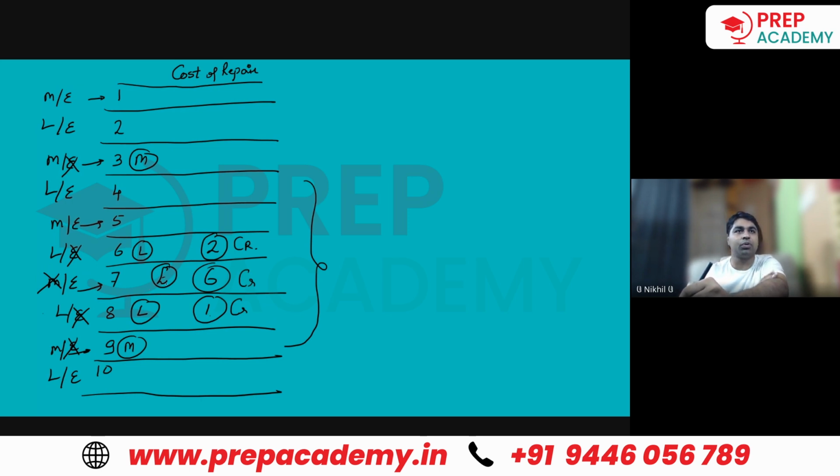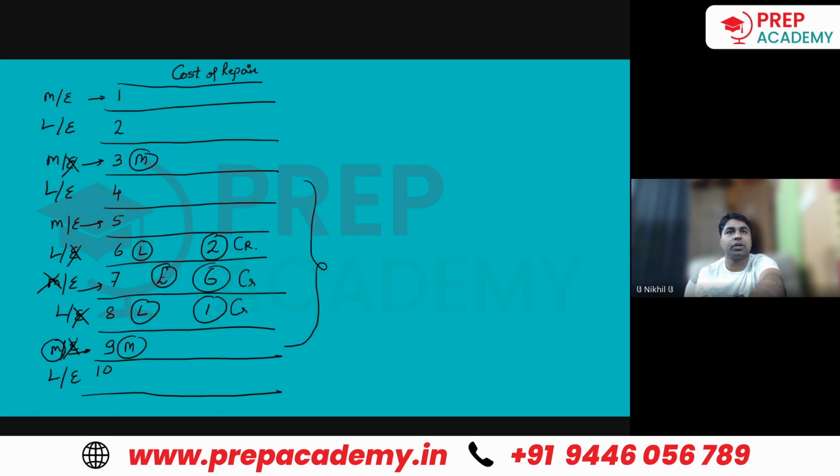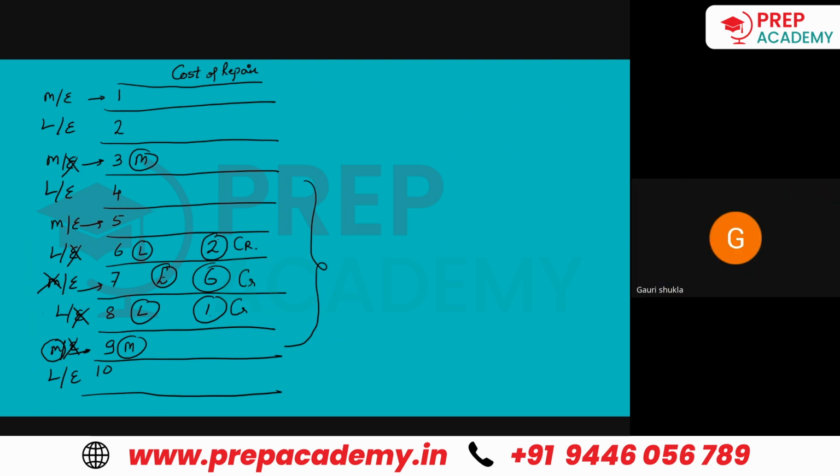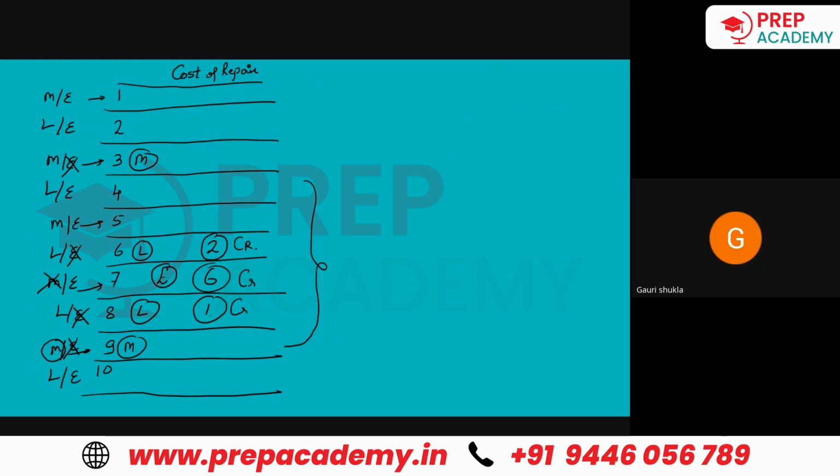We will get one more 5 crore. And this has to be a medium one, moderate one. So what is the moderate values? We have to use 3 and 4. Okay. So 4 I think will be extensive because light is already taken. We have got 2 lights. Yeah, so 4 will be an extensive one.